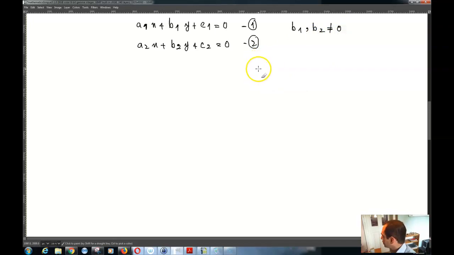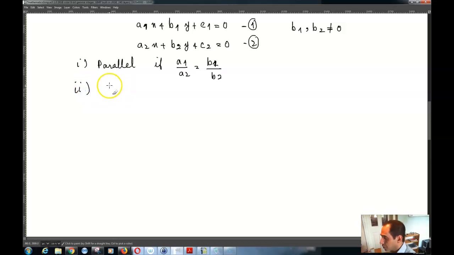You want to show that, one, they are parallel if A1 to A2 is equal to B1 to B2, and two, they are perpendicular if A1A2 minus B1B2 is equal to 0.